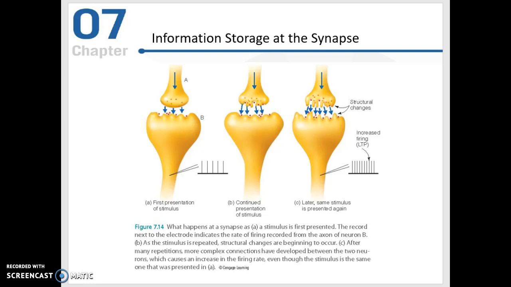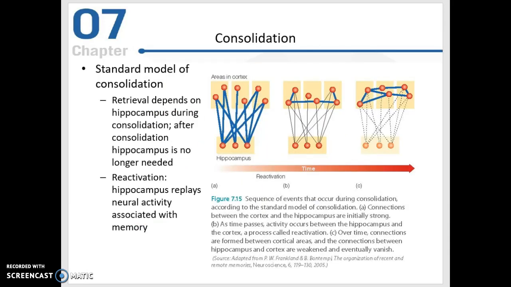There are actual structural changes that really enhance the connection and allow for faster transmission of the neurotransmitters. And you'll also see there that there's increased firing. So it's happening at a more rapid speed as well, causing that to be a more permanent memory. That is the synaptic level.